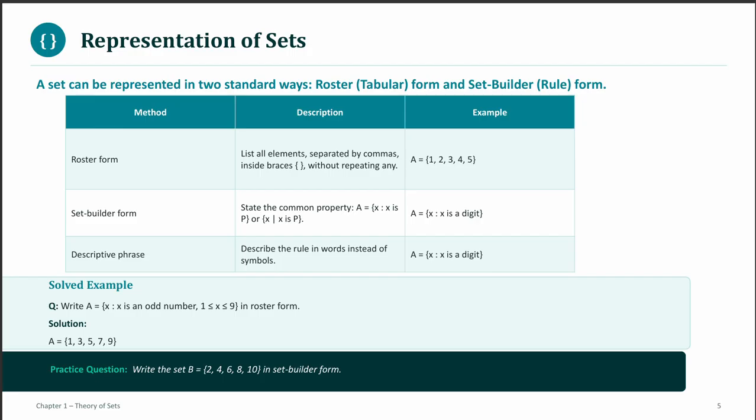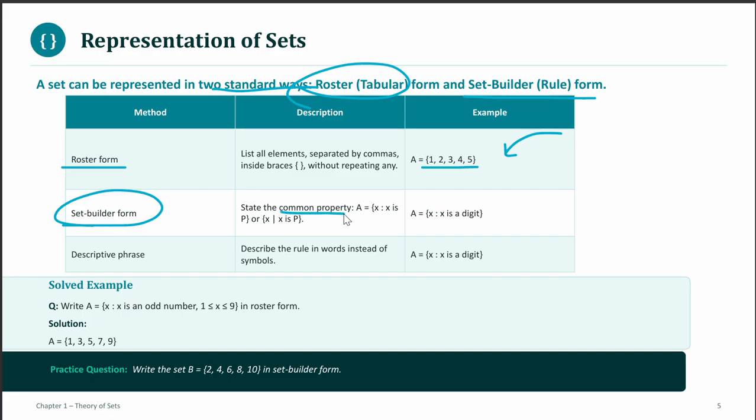Now, a set can be represented in two standard ways. First is the roster or tabular form, and second is the set builder or rule form. The roster form lists all the elements, separated by commas inside braces, without repeating any. You can see they have listed all the elements using commas, right? The set builder form states the common property.